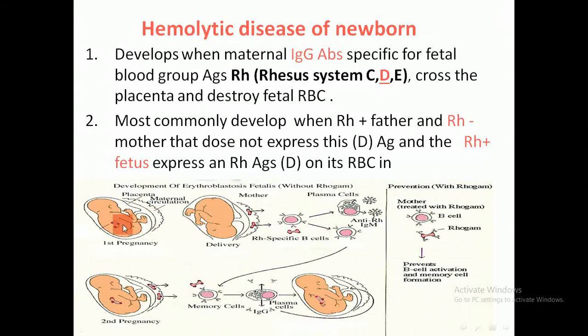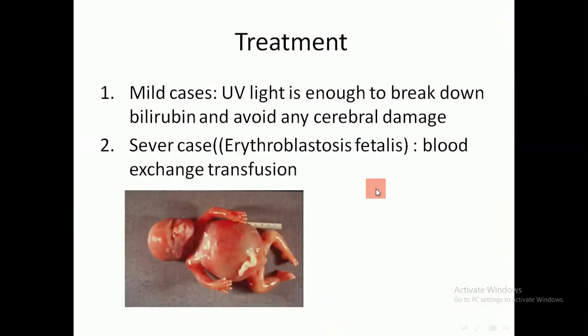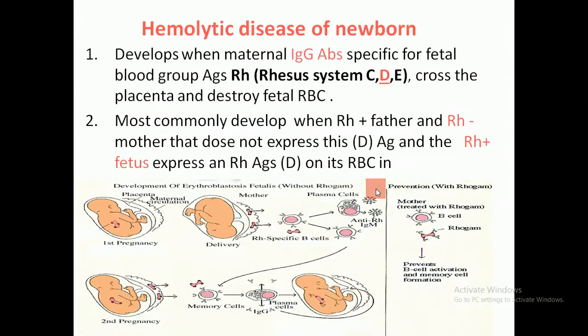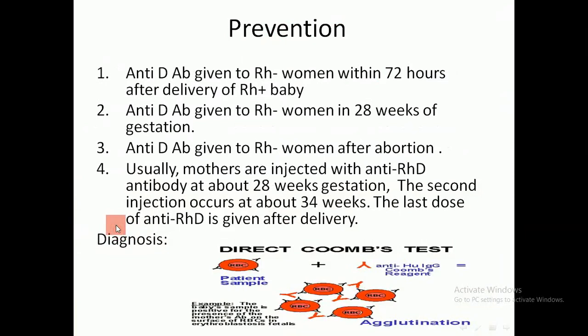And this occurs, as we said, in the Rh incompatible female. Here the mother is Rh negative and the father is Rh positive, and the fetus, same as his father, is Rh positive.